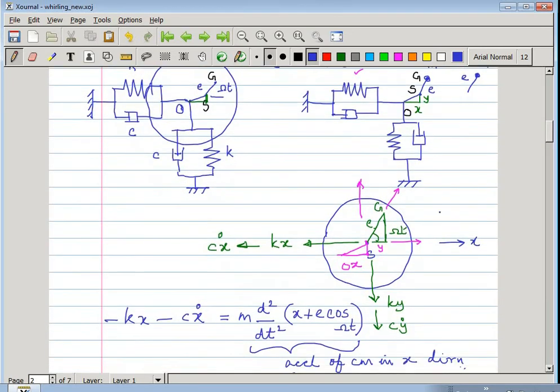So here you see, if this is E, and this is X and this is Y, then this is capital Z, and it is lagging behind by an angle phi.